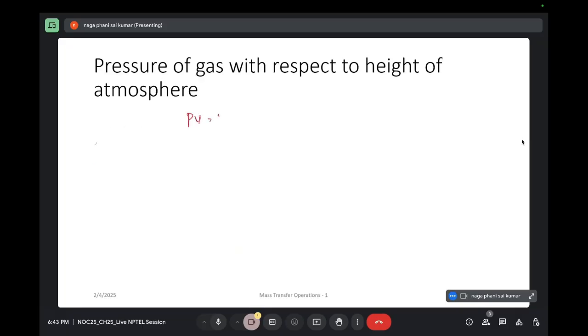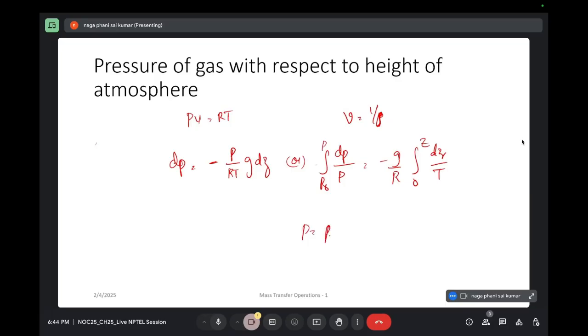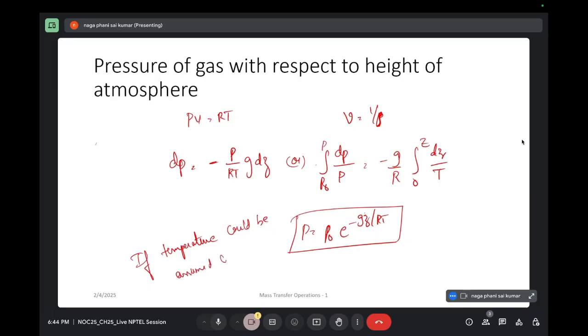So we can write dP as minus P by RT into g into dz, or this can also be written as integral from P naught to P of dP by P, which is equal to minus g by R into integral from 0 to z of dz by T. If you integrate this, you will be getting P is equal to P naught into e power minus g z by R T. This is only valid if temperature could be assumed constant over the elevation change. Then pressure can be written in this form.